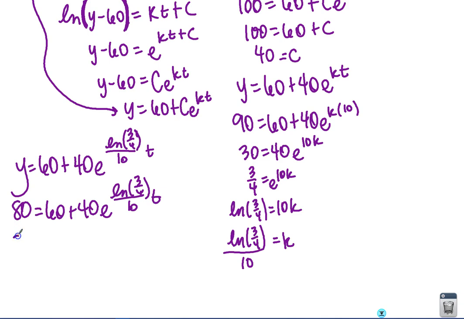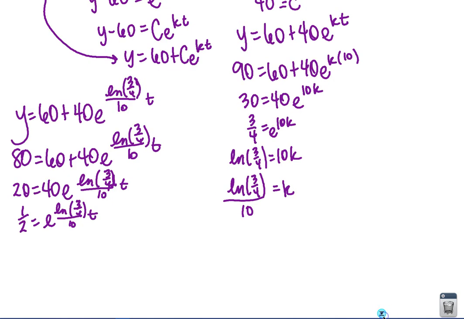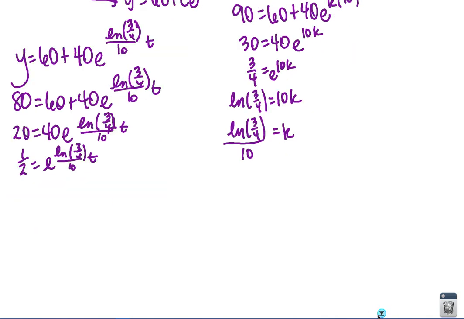So subtract 60, so 20 equals 40 e to the natural log of 3/4, that's a 4 right there, over 10 t. Divide by 40 on both sides, so 1/2 equals e to the natural log of 3/4 over 10 t. You could have cleaned this up a little bit differently, and that's fine if you want to do that. I know that we'll get there eventually.